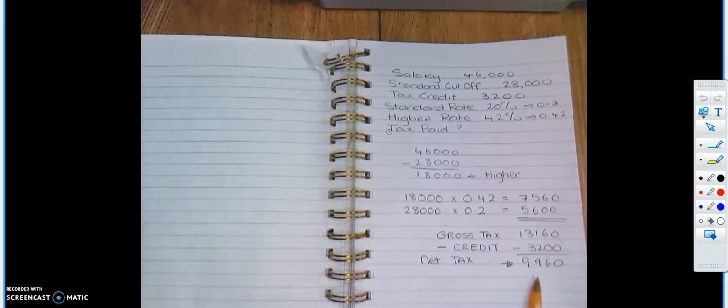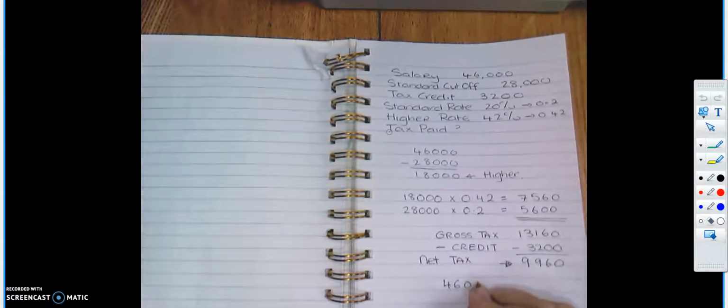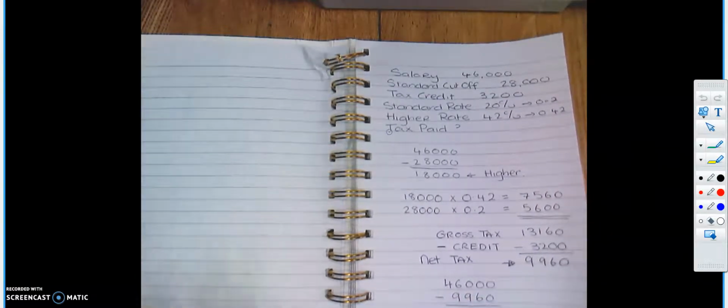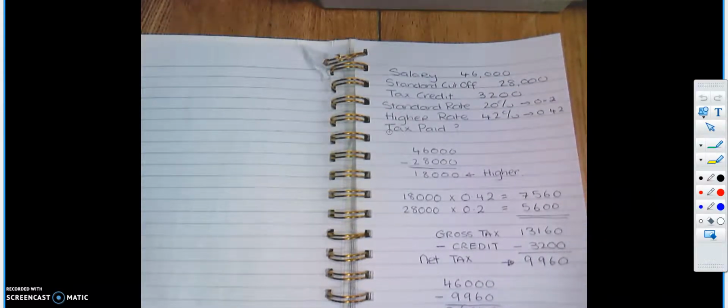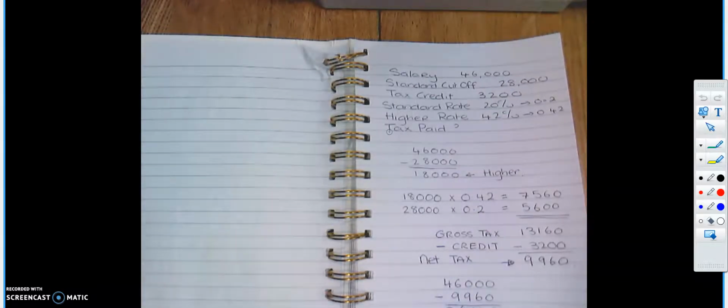Okay, so that is the amount of tax you have to pay for the year, or this person had to. So their take-home pay is 46,000 take away the 9,960 for the year. So over the year, this person will take home 36,040 euros, not the 46,000 that they thought they would get.